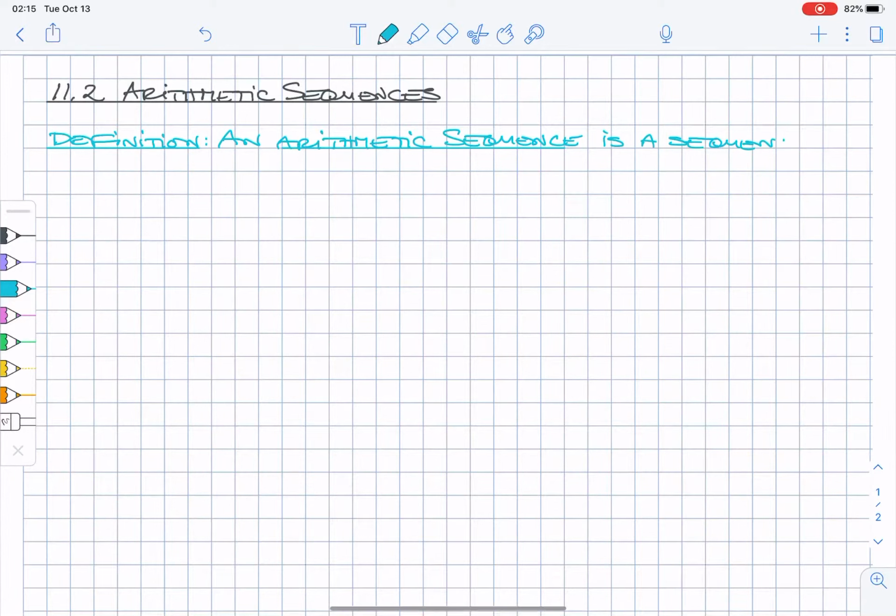A sequence with a fixed difference, we call it the lowercase d, between subsequent terms.